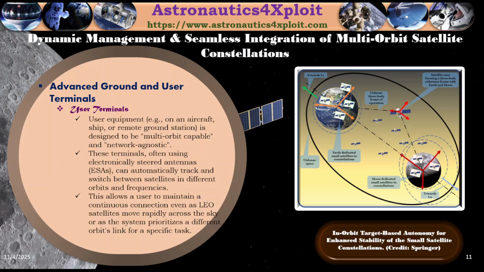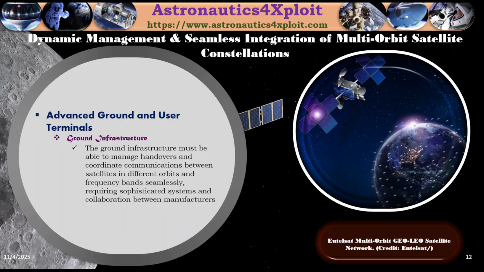These terminals, often using electronically steered antennas, can automatically track and switch between satellites in different orbits and frequencies. This enables users to maintain a continuous connection even as LEO satellites move rapidly across the sky. In-orbit target-based autonomy for enhanced stability of small satellite constellation is illustrated in this picture.